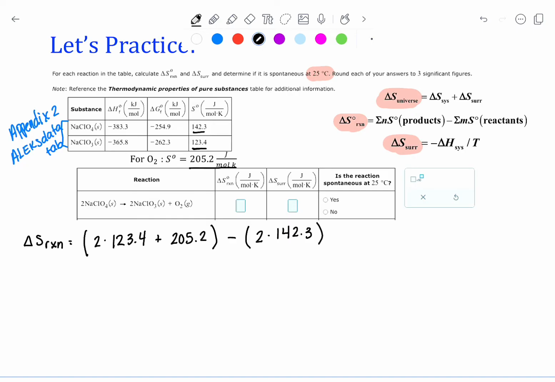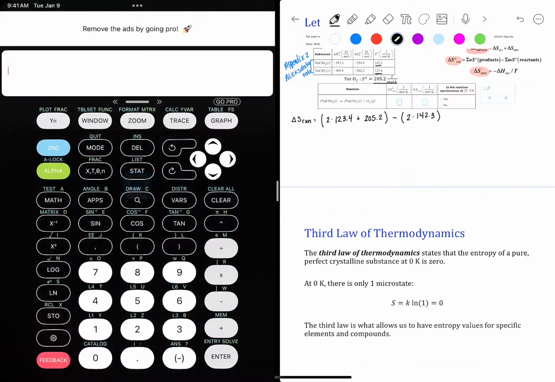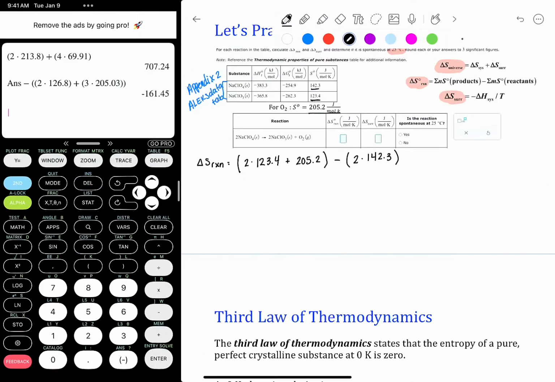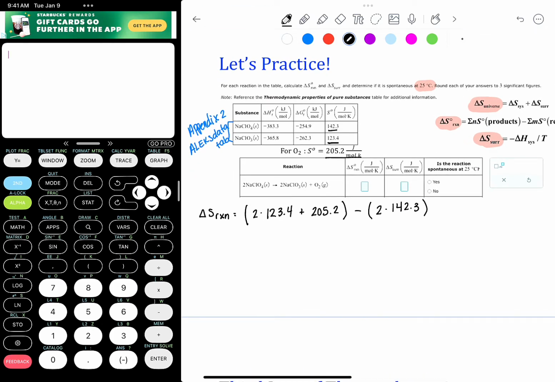So let's grab our calculators so that we can work on this problem together. So we'll take 2 times 123.4 and add to that 205.2.